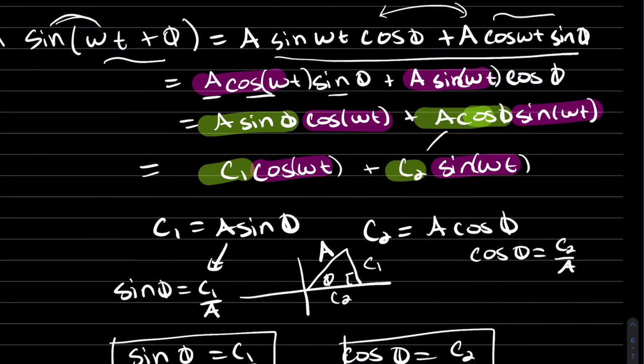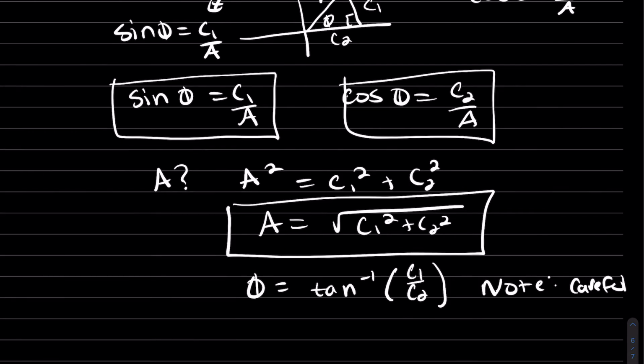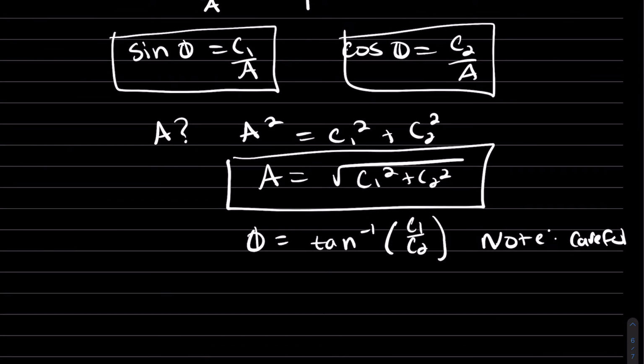C1 being the one in front of cosine, remember? So that does matter. But also, our note, be careful, because phi can be in any quadrant. So look out for that.